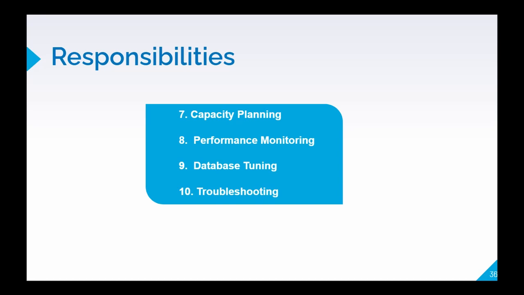So it's still part of capacity planning. Of course, if you are monitoring and you see that the system is running slowly, you would have to raise that. How do we deal with the issue?